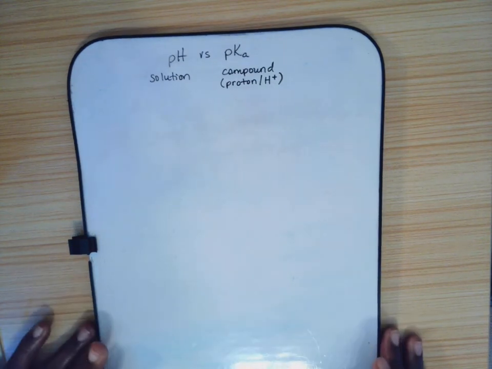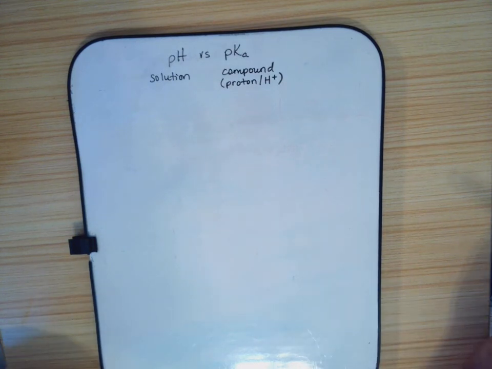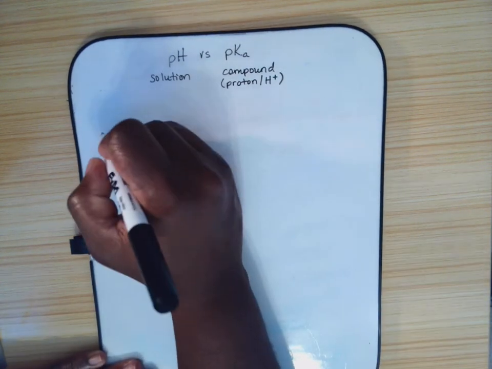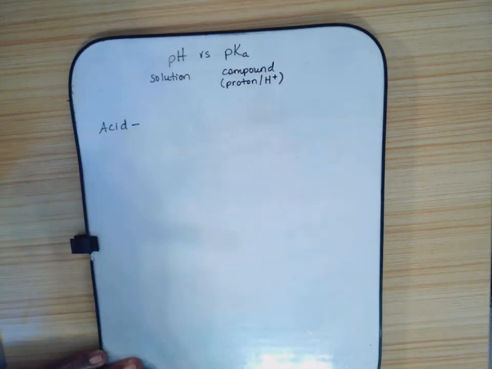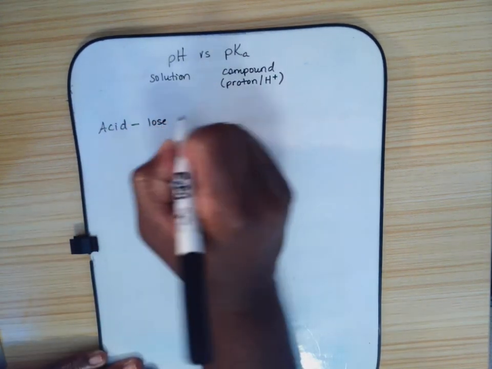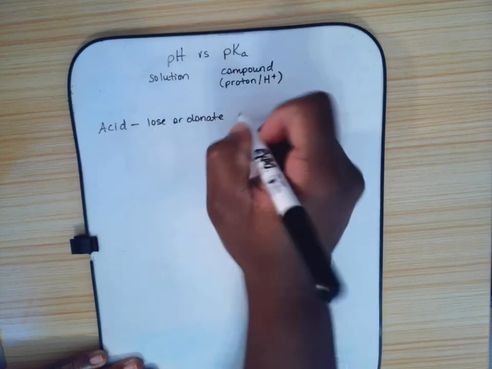Acids and bases are concepts that were discussed in 1151. This video will focus primarily on acids, but if you recall from 1151, I will just mention this briefly. Acids, especially when we're looking at the Bronsted-Lowry definition, are going to lose or donate a proton.